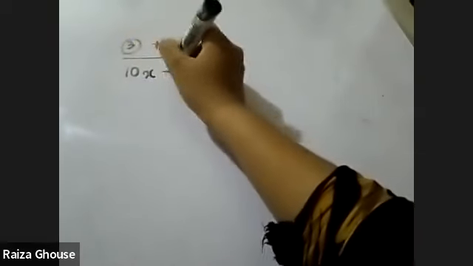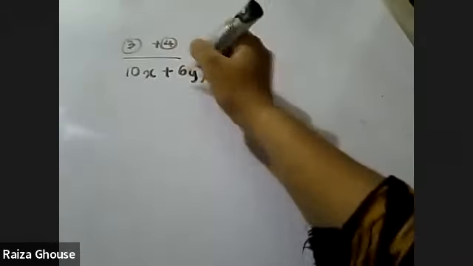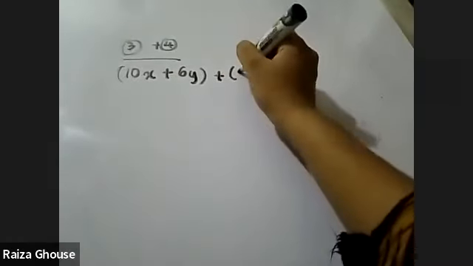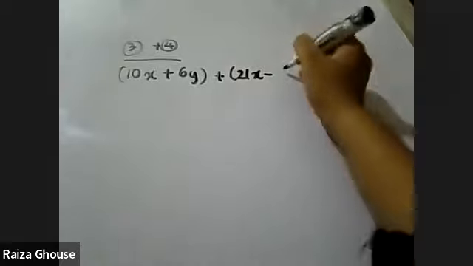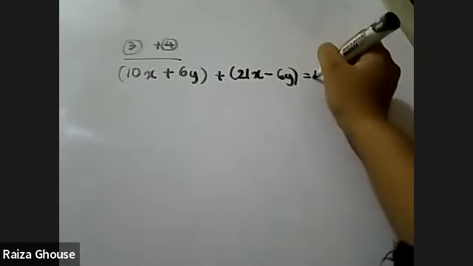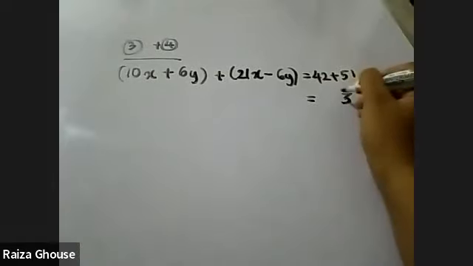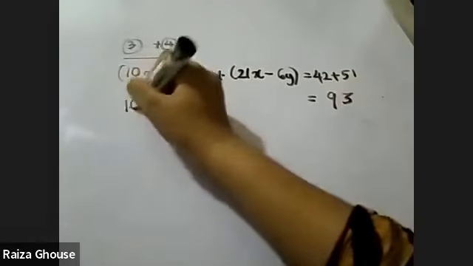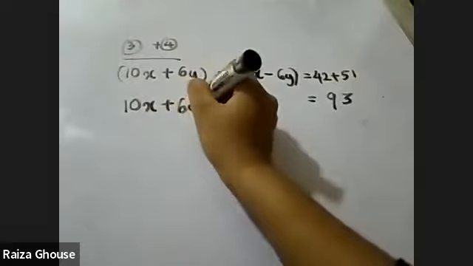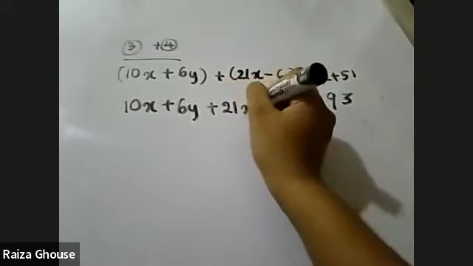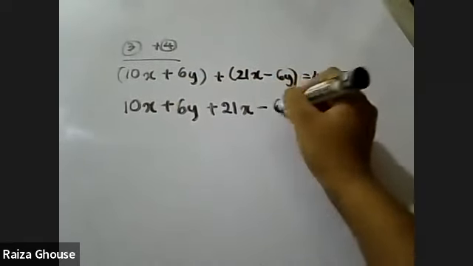Third equation, what I had written was 10x plus 6y, and my fourth equation was 21x minus 6y. On the other side, 42 plus 51. I'm getting here 93. I'm getting here 10x plus 6y plus 21x minus 6y.